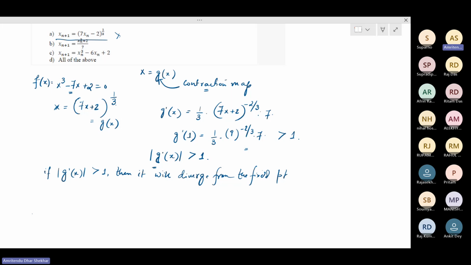Similarly, let's look at the next formulation, which is C, where x is equal to x cube minus 6x plus 2. So this is your g of x. Again, if you compute g dash x over here, g dash x is 3x squared minus 6.